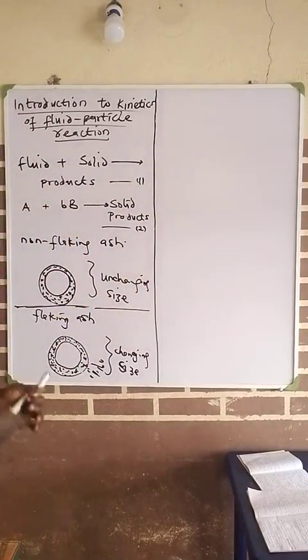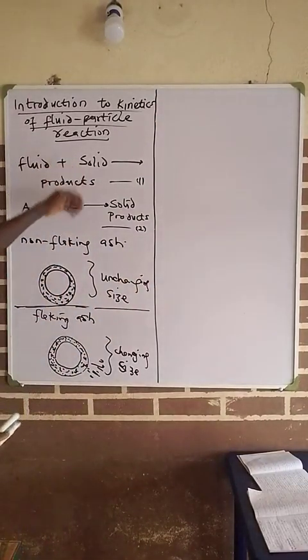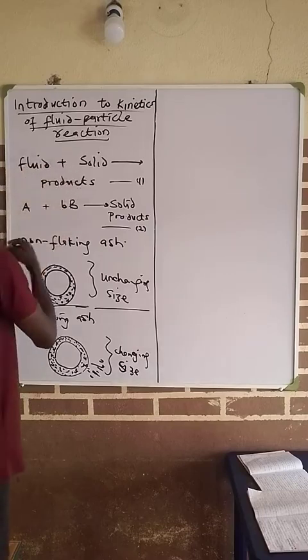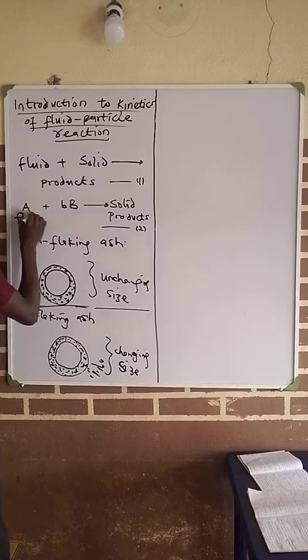You understand that we are looking at fluid reacting with solid, that is, reacting with b moles of capital B, where capital B is the solid. This is the fluid, which can be gas or liquid.